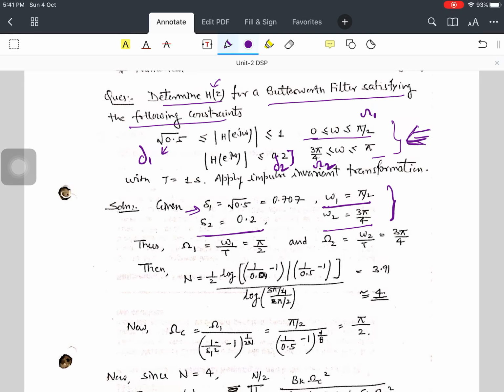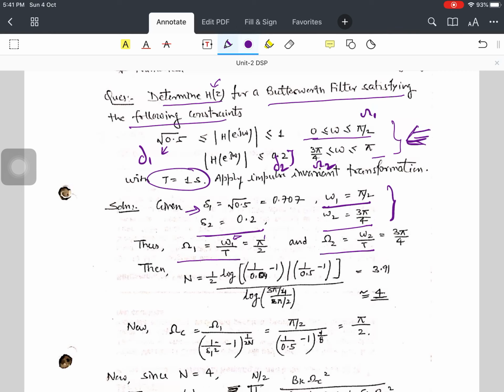Now, we can easily calculate the values of Ω1 and Ω2. For the impulse invariant method, we know Ω1 equals ω1 by T and Ω2 equals ω2 by T. Here ω1 is known and T is already given, that is 1 second.